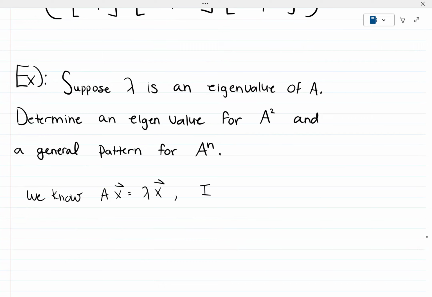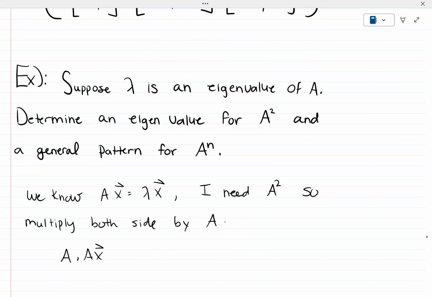What I need is A squared. So what you're going to do is multiply both sides by A. When we do that, you're going to get A times A vector x is equal to A times lambda vector x.